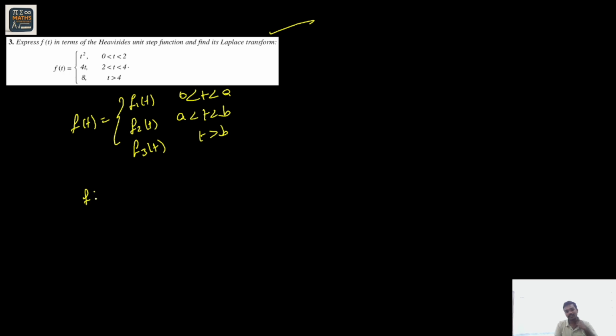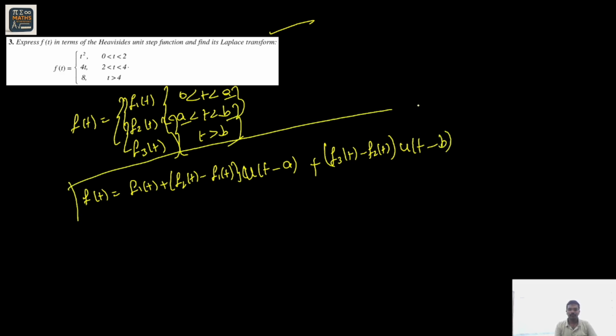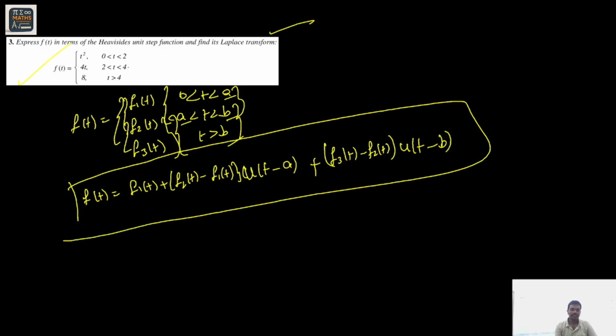The Heaviside form for this f of t is f1 of t plus the difference between the first two terms, f2 of t minus f1 of t, into u of t minus a, the common point between the first two intervals, plus the next difference between the second two terms, f3 of t minus f2 of t, into u of t minus b, the common point between the second two intervals. So the common point is b. By using this form, find the solution for this function.